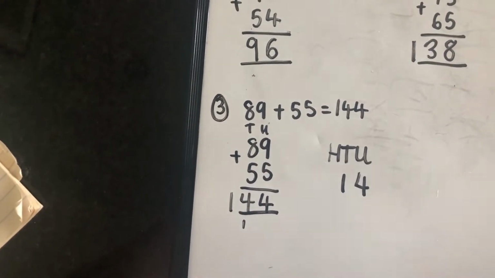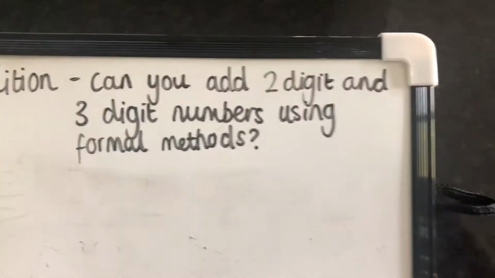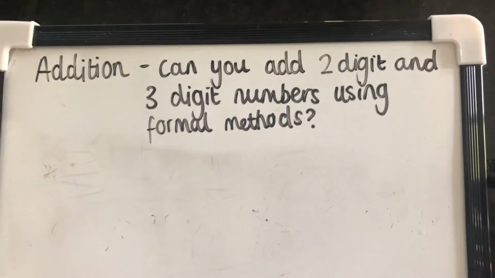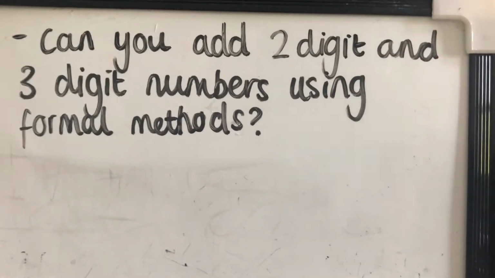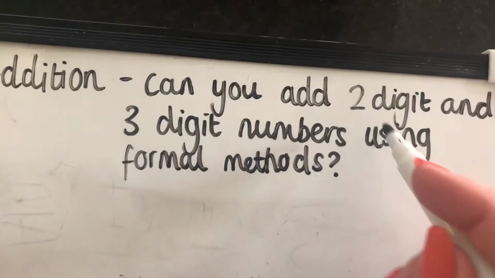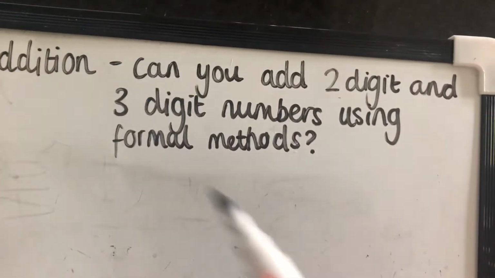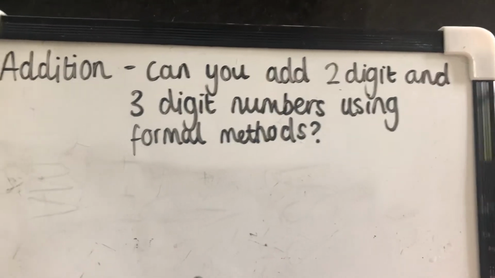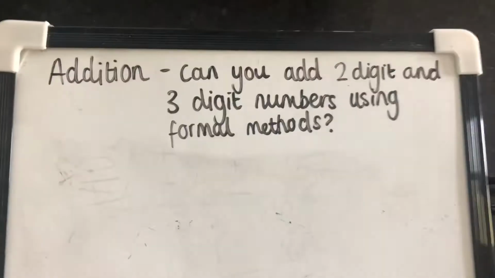Brilliant. Okay, so we've done the first part of our learning challenge. Can you add 2-digit and 3-digit numbers using 4 methods? We've done our 2-digit numbers. We now need to do our 3-digit numbers. We can again use the randomizer to do this.